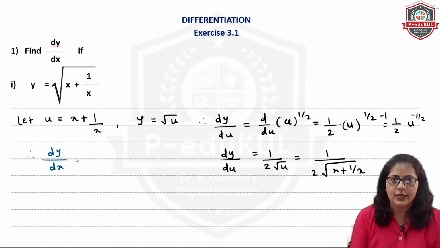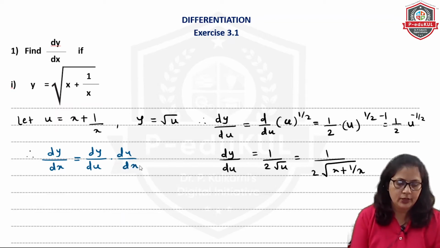dy by dx is equal to dy by du into du by dx. Now my dy by du I have already calculated, 1 upon 2 under root x plus 1 upon x, and this is du by dx which I have already calculated.